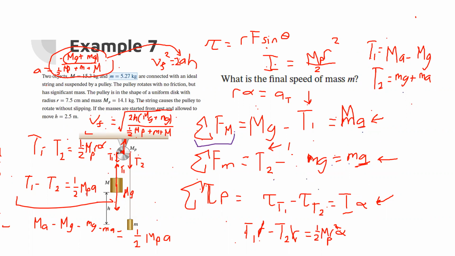So tension 2 is equal to mg plus ma. So that's right. Tension 1 minus tension 2 is going to be a minus mg.